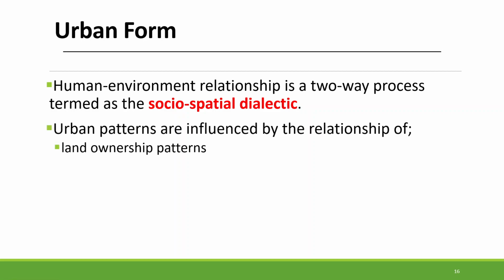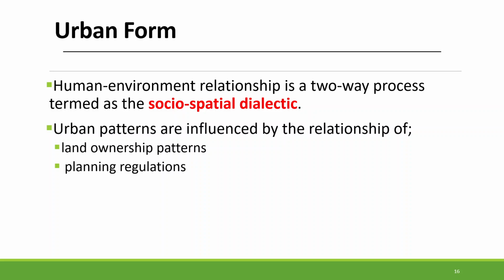Whatever the land ownership pattern in the past was will determine how individuals will build their own structures. So that will, one way or another, set a pattern at a very individual or local level, and it will shape a city. As different individuals start constructing their buildings in their own patterns or in their own design, collectively it will shape up the city's environment or the urban form.